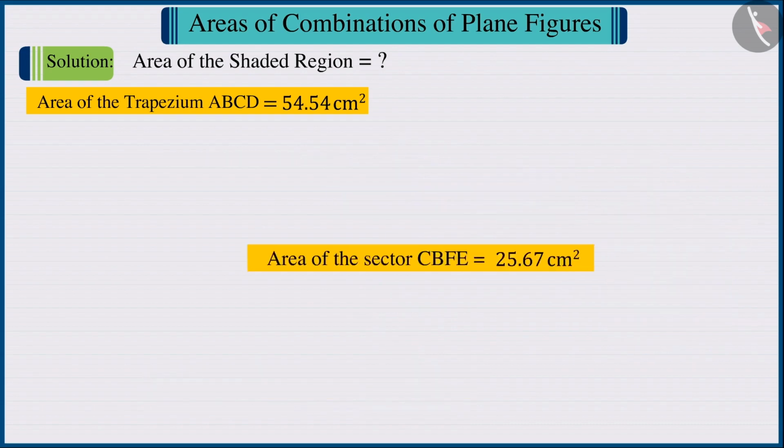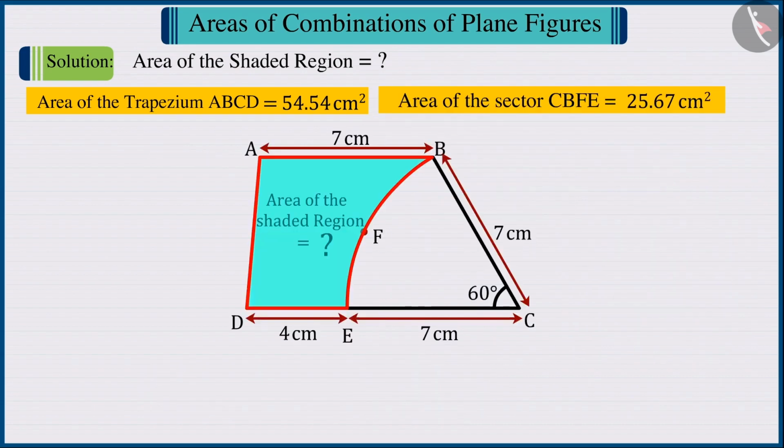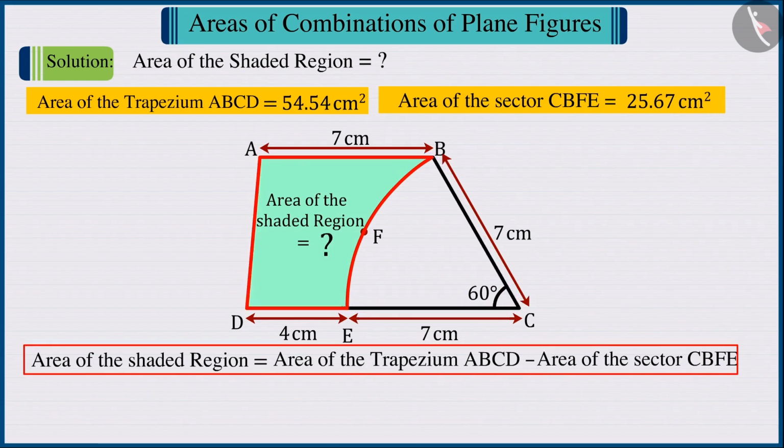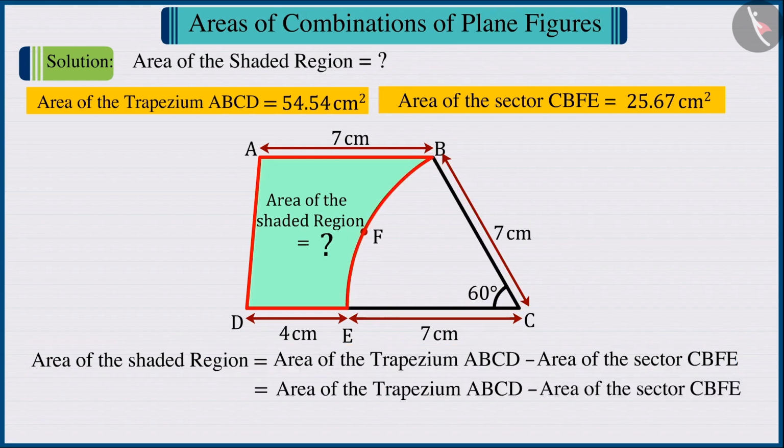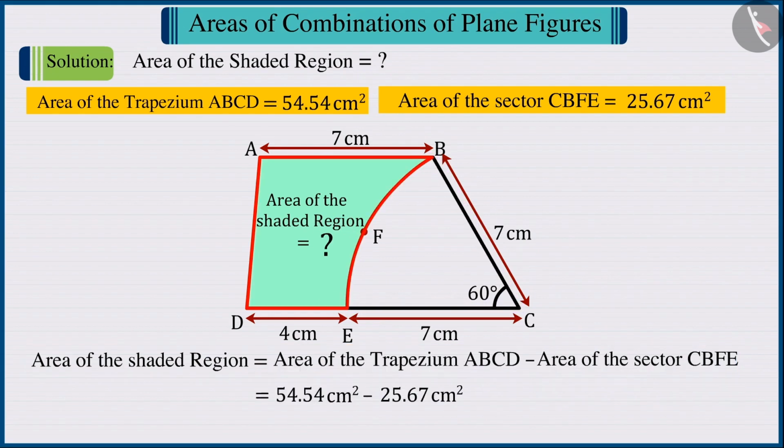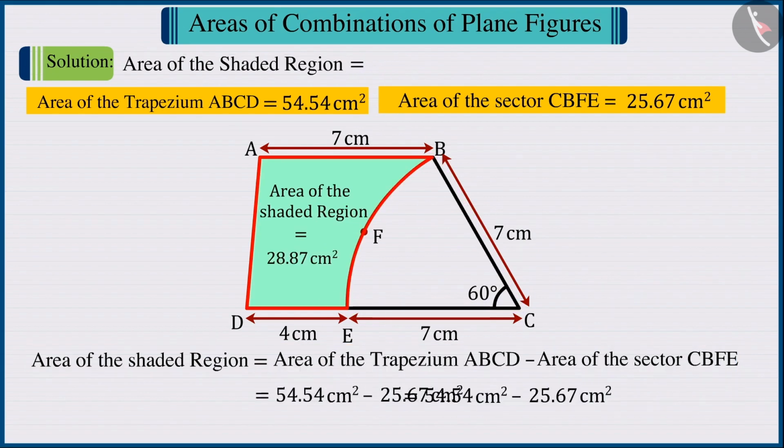Since we have to find the value of the area of the shaded region, we subtract the area of the sector from the area of the trapezium. The area of the shaded region is obtained as 28.87 square centimeters. So, we can say that the area of the shaded region in the trapezium ABCD is 28.87 square centimeters.